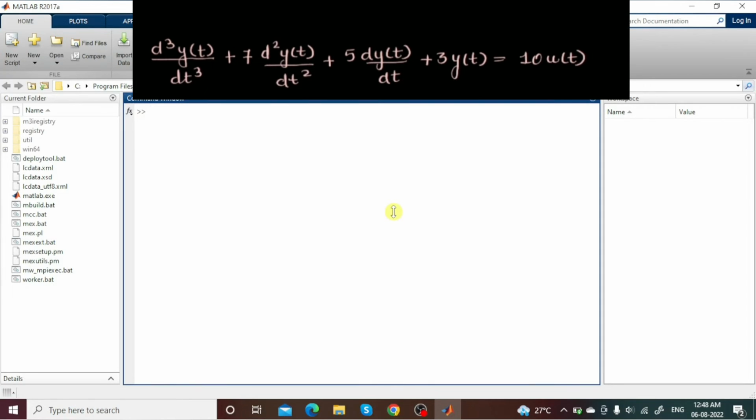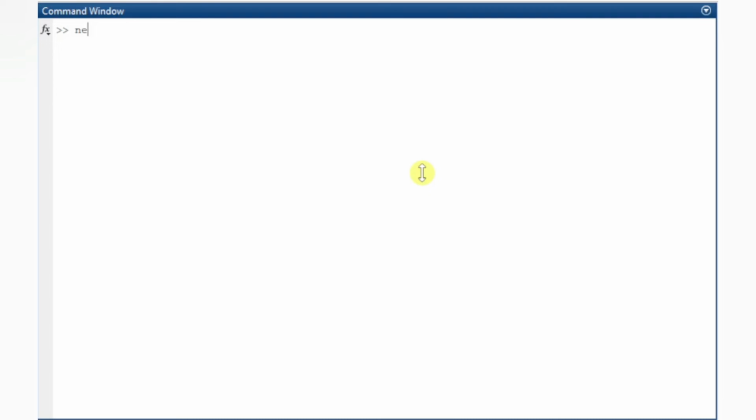So in our first question, whatever coefficients were given in the right side of the equation, we will take it as numerator, and whatever coefficients we have in the left side of the equation, we will take it as denominator. So first I will write numerator is equal to.